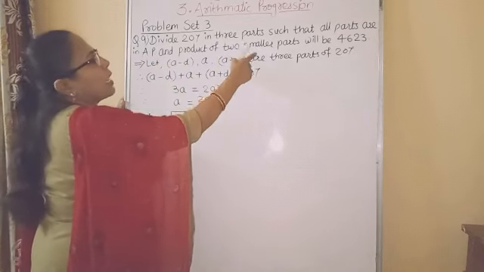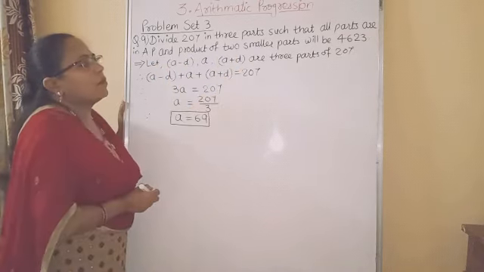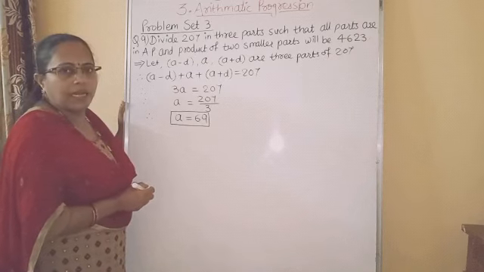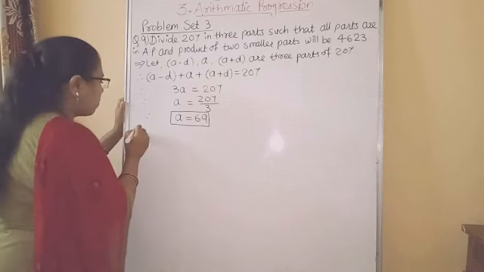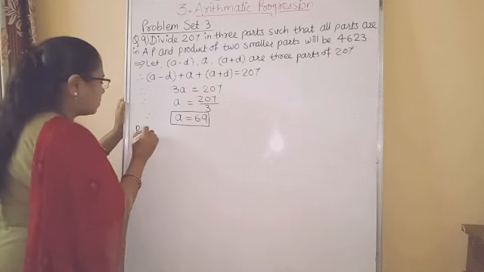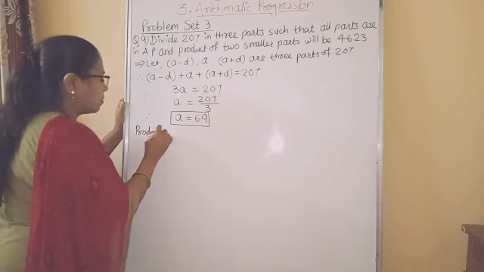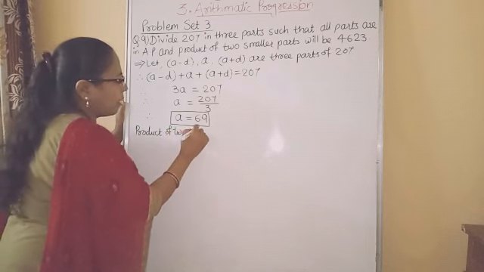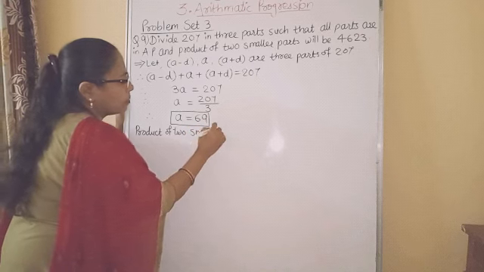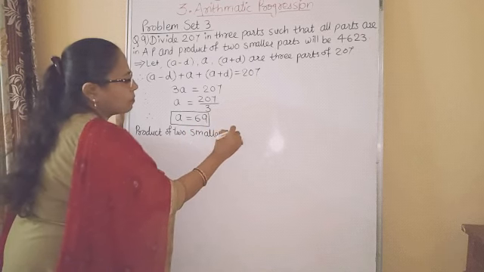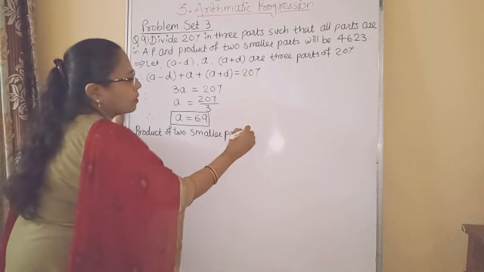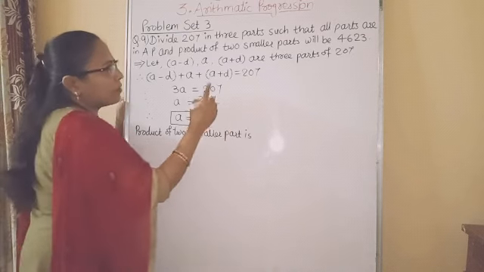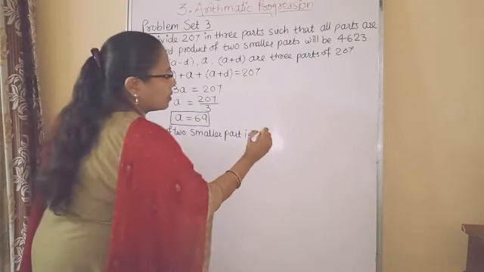Okay. Now, second condition is given. Product of two smaller parts will be 4623.